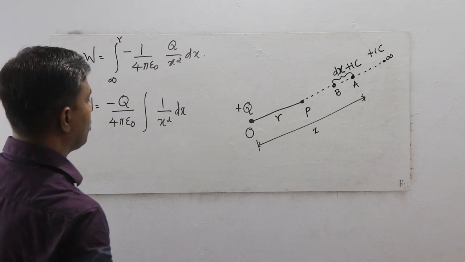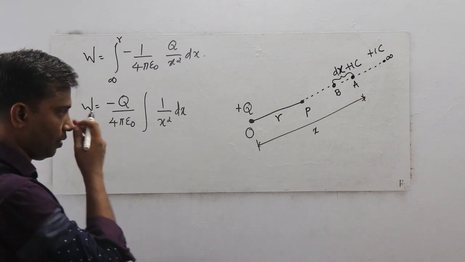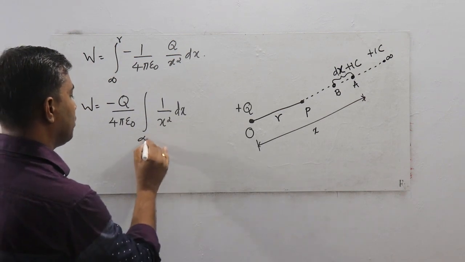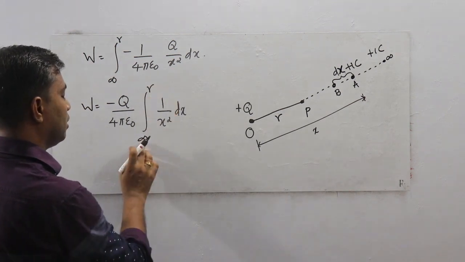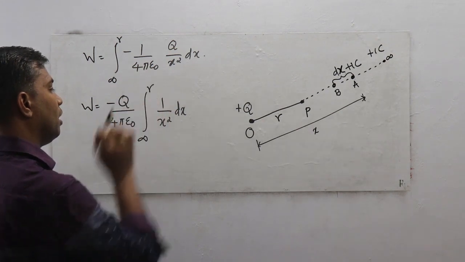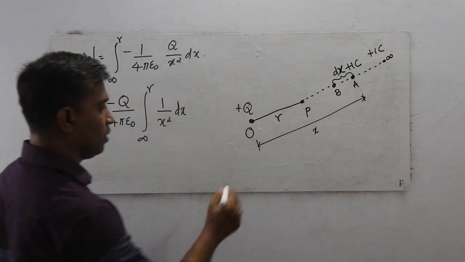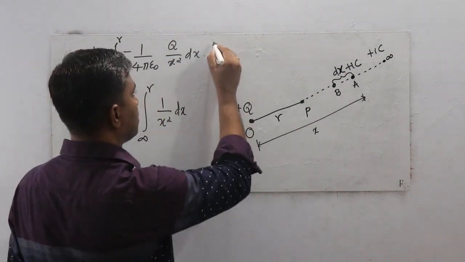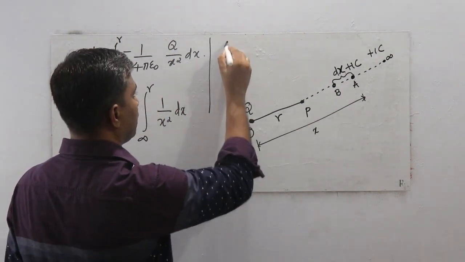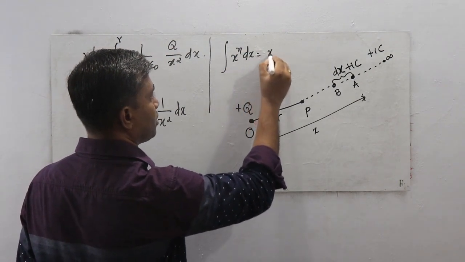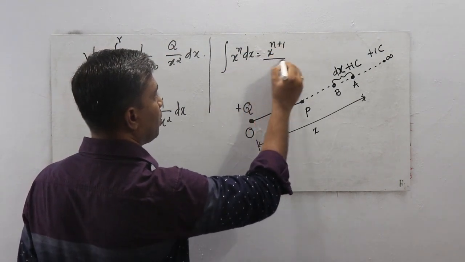Now we are going to integrate 1/x² within the limit of infinity to r. When we are integrating this, by using the identity, integral x raised to n dx, we know that that is equal to x raised to n+1 divided by n+1.